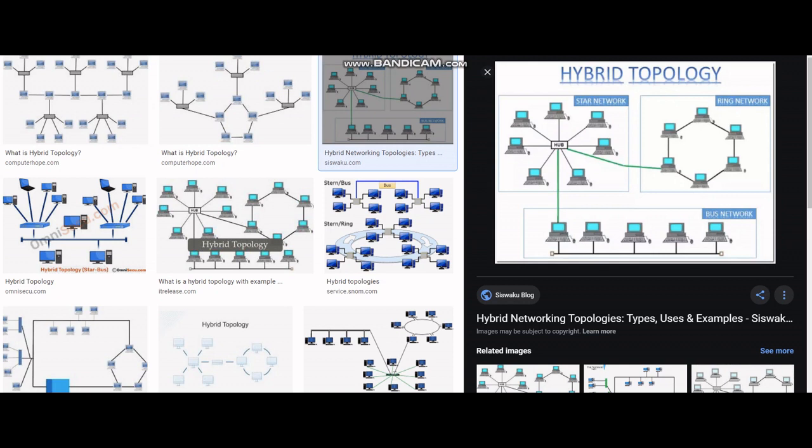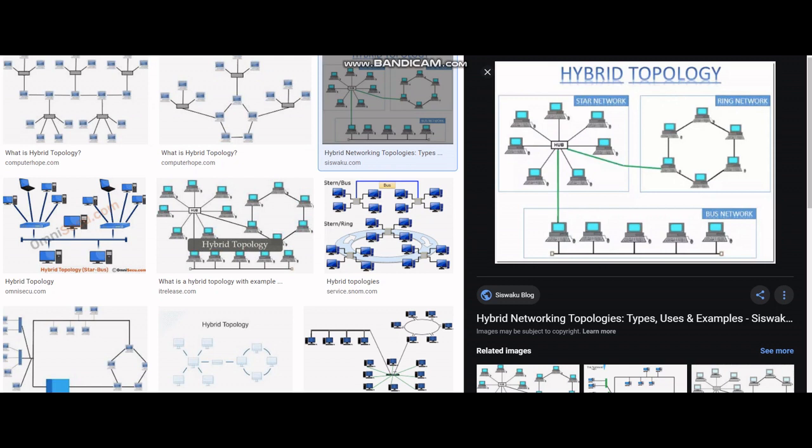Basically, it's a combination. For example, star and mesh topology together is known as a hybrid topology. You can put two or more topologies together, and that is what's known as a hybrid topology.